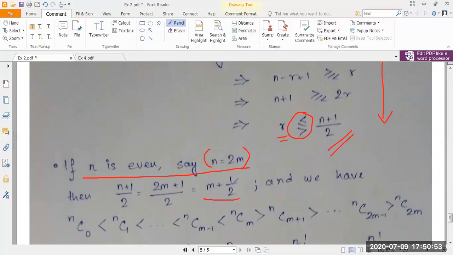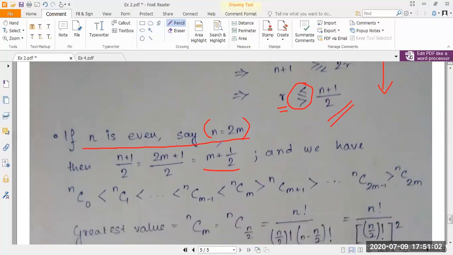So if r is less than m plus half, then the numerator will be greater than the denominator. That is how I use the condition. Now, note that m is essentially a positive integer, like 1, 2, 3, 4, 5. If an integer m has a half added to it, then this entire m plus half becomes a fraction.